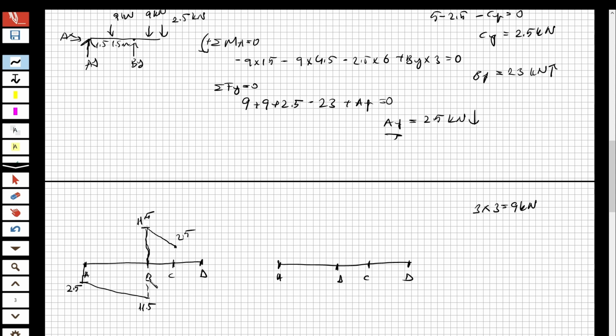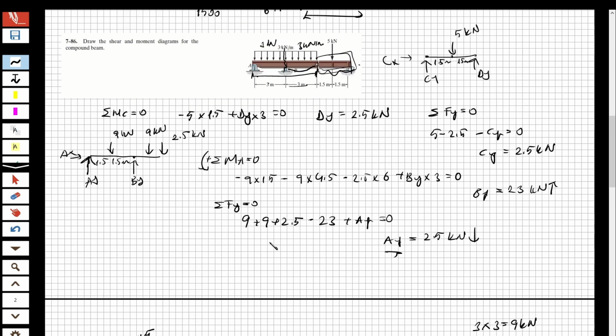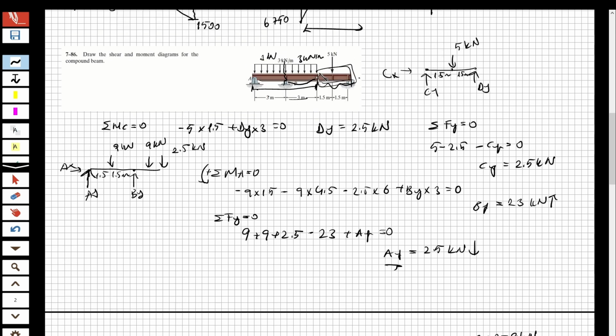Actually, the shape is going to be symmetric from AB to BC, but I couldn't draw it well, okay? But it's going to be symmetric. And now at C, I have 2.5 as shear force. Now you can see, there's no force from C until the force applied as 5 kilonewton. Okay, there is no force between these 2 points.